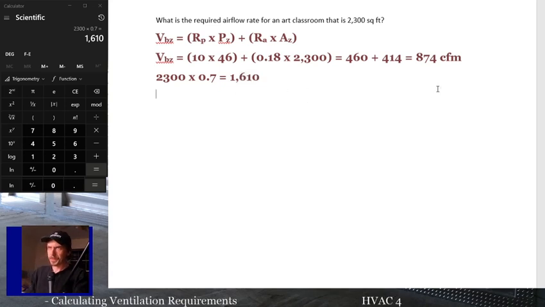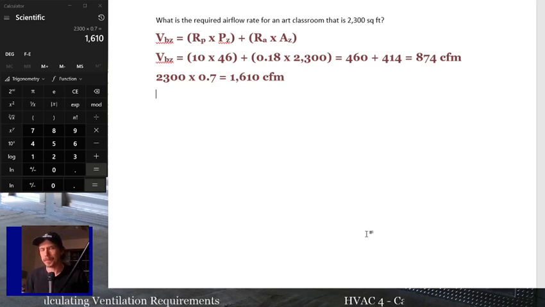So 1,610 CFM is the exhaust requirement. 874 CFM is the minimum outdoor air requirement for the art classroom. And it's pretty much as simple as that. As long as you can push out that equation for any space that's however many square feet, you're good to go.